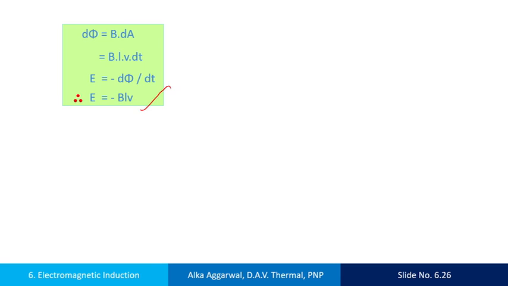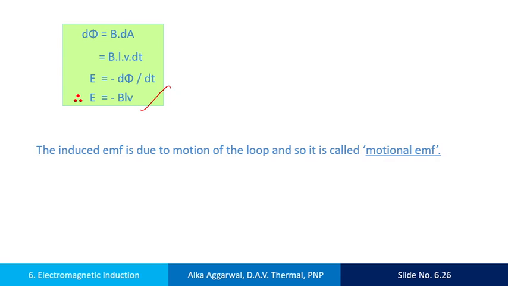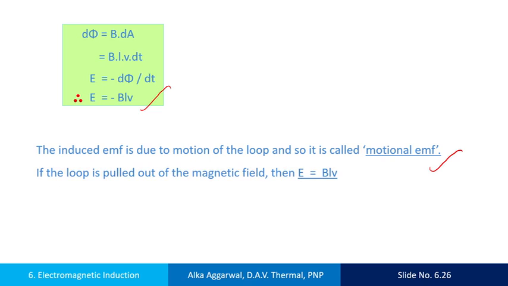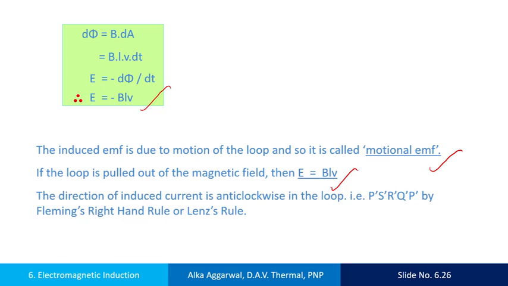Clear? So EMF is equal to minus BLv. As this EMF is due to the motion of the loop, it is called motional EMF. If the loop is pulled out of the magnetic field, even in that case the EMF is equal to BLv.